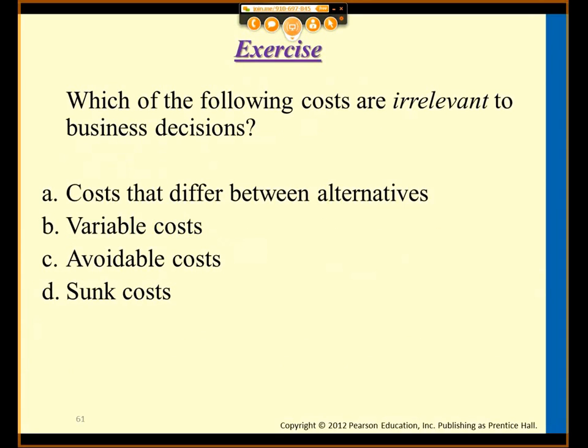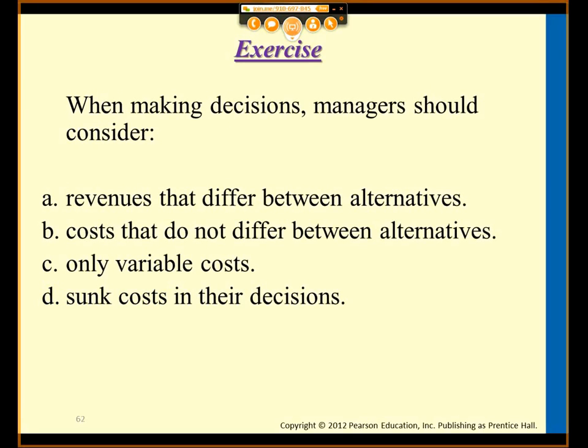Okay, two more and we're done. Which of the following costs are irrelevant to business decisions? Costs that differ between alternatives, variable cost, avoidable, or sunk cost. A, B, C, D. Yay. Okay, next one, the last one. When making decisions, managers should consider revenues that differ between alternatives, costs that do not differ between alternatives, only variable cost, or sunk costs in their decisions.